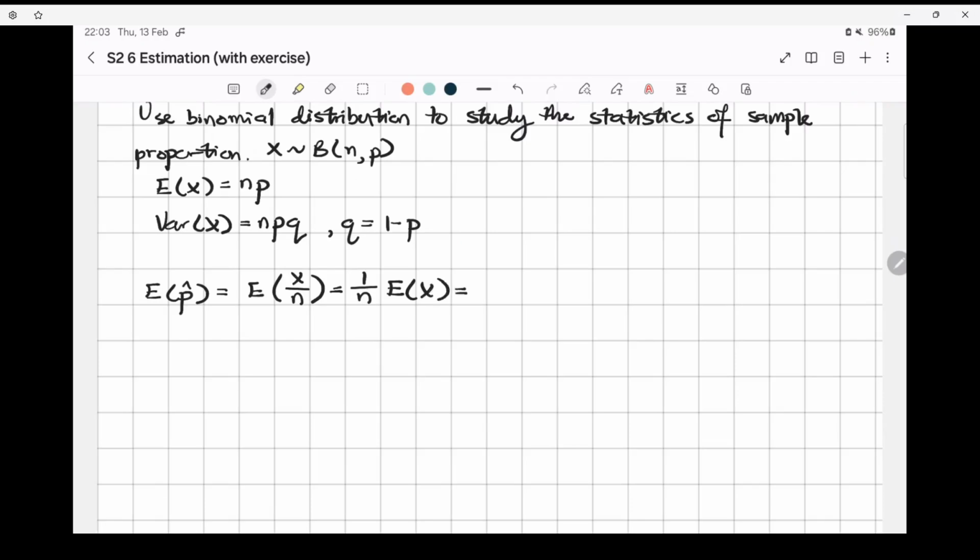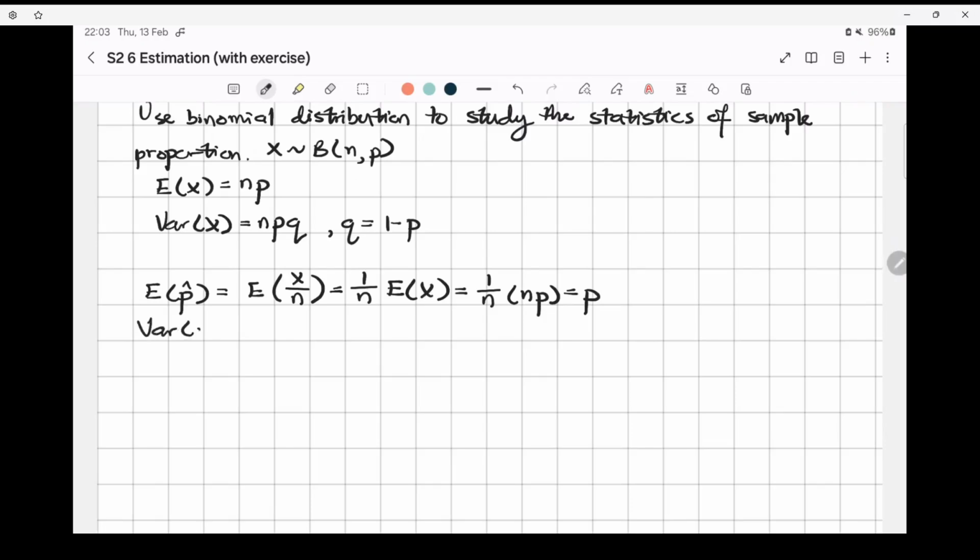From the binomial distribution, you know that E of x is np, so you have 1 over n multiplied by np. That gives you p. So for sample proportion, the mean is just your probability of success, or the proportion.